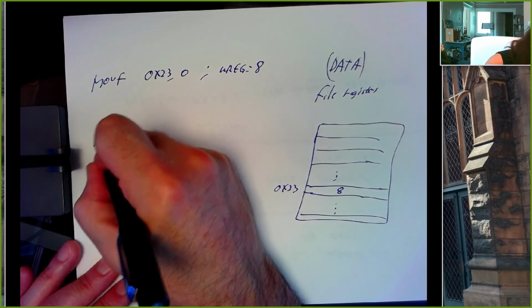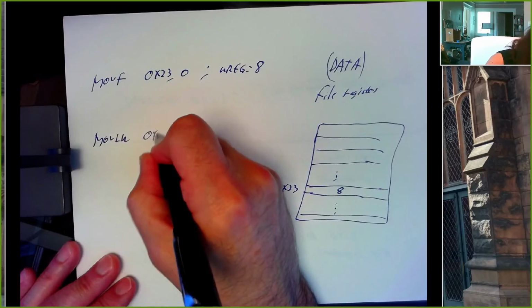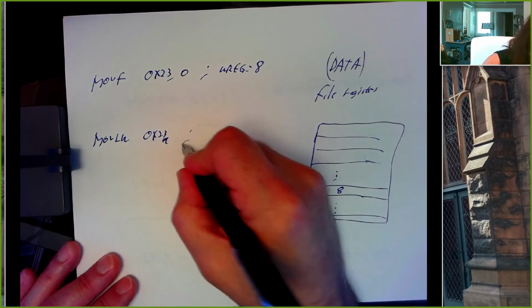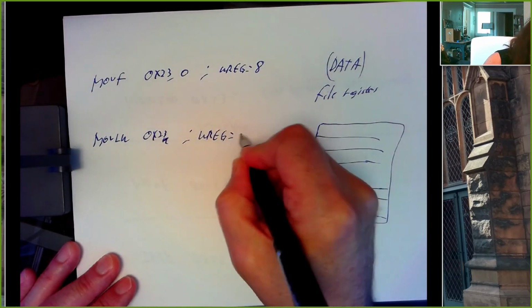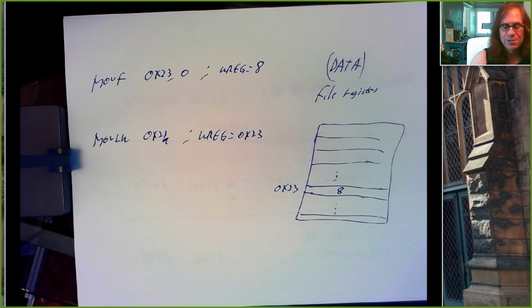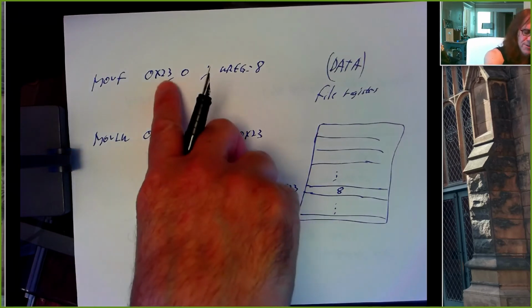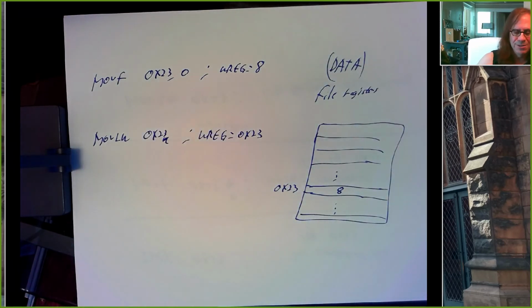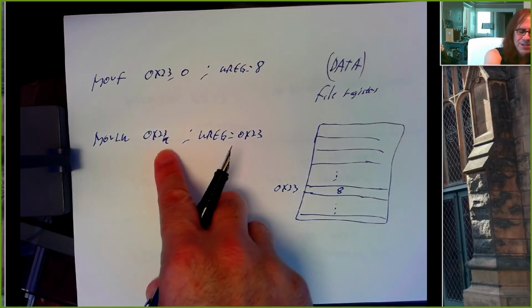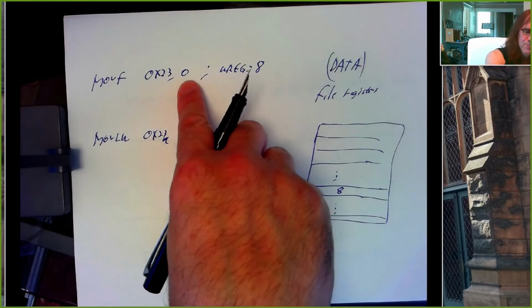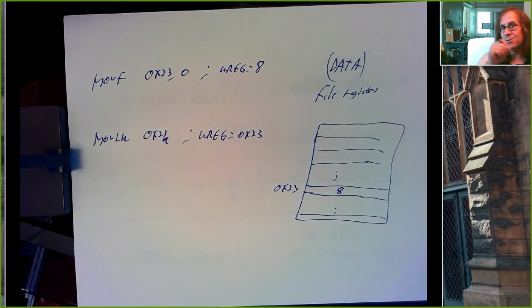But if I say move literal 23 into the W register, my W register is equal to 23. So the first would be considered an indirect reference in C terms. This is actually saying I want to set W equal to the number 23. This is saying I want to set W equal to the number stored at location 23.